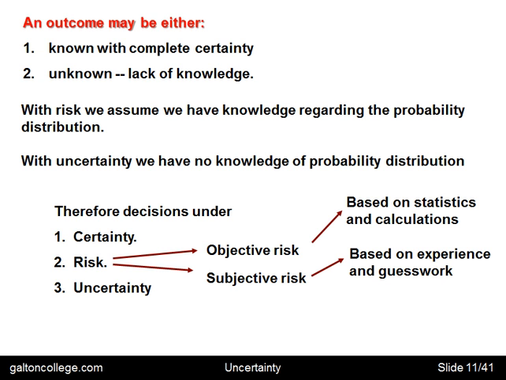But really what you're saying is there is a probability that it will rain tomorrow. And I don't know what the probability is. You could say it's 40% likely to rain tomorrow. Where'd you get 40%? Well, it's based on experience and it's based on guesswork. It's subjective. It's a subjective probability.